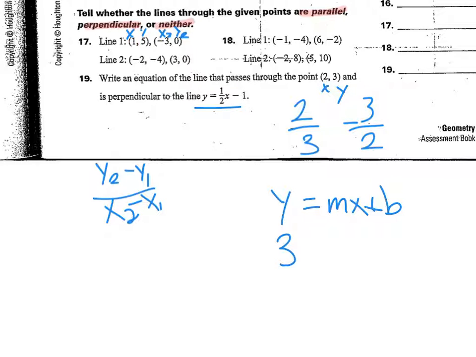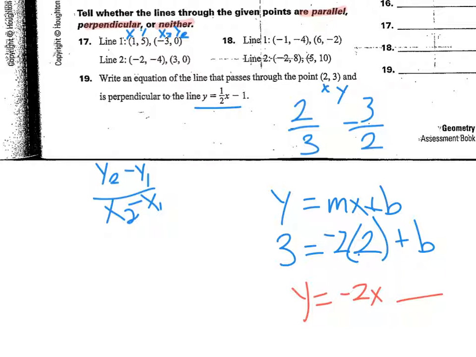So you're going to have 3 equals, now the slope is going to be -2, times 2 plus b. It's supposed to be a 2 in there. So work this out and solve for b. Once you have it, then you're going to rewrite it: y equals -2x plus what? That'll be your final answer, number 19.